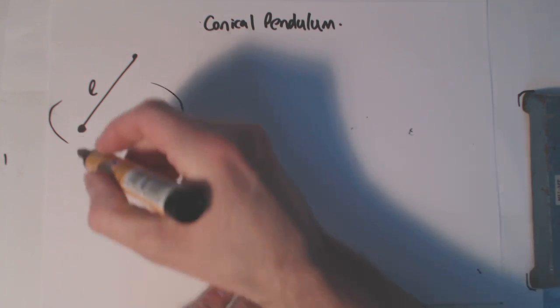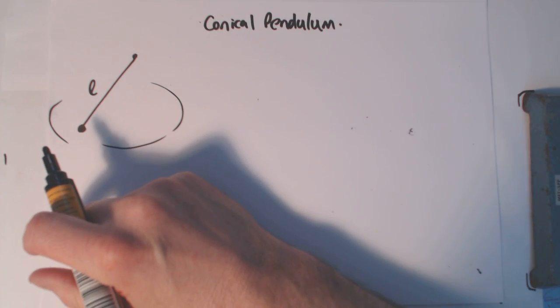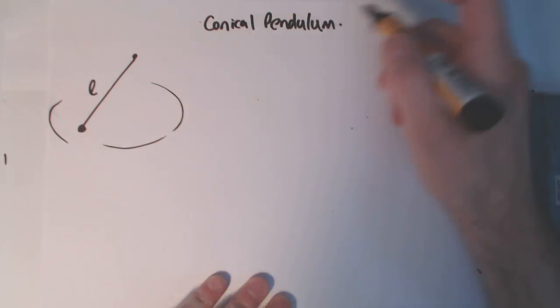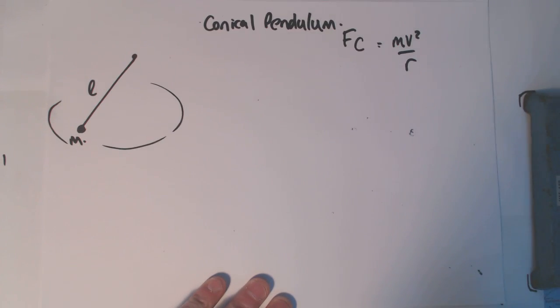So the thing to remember with the conical pendulum is that we've got circular motion, and with circular motion, you always need a centripetal force. So Fc from year 12 equals mv squared over r. That's the force you need to make this object go in a circle, the mass being the mass on the end of the string.